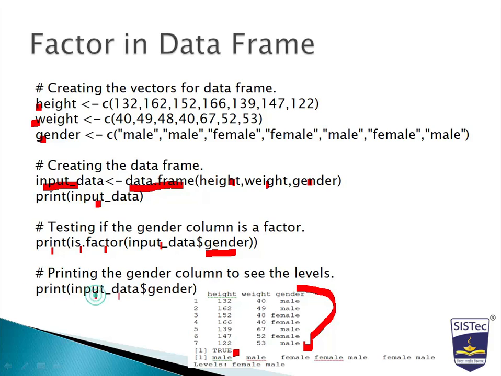We print input_data gender. So we have genders like male, male, female, female, male, female, male. So this displays the values, and these are the labels. We have only 2 labels, female and male. Why does female come first? Just because of alphabetical order arrangement.